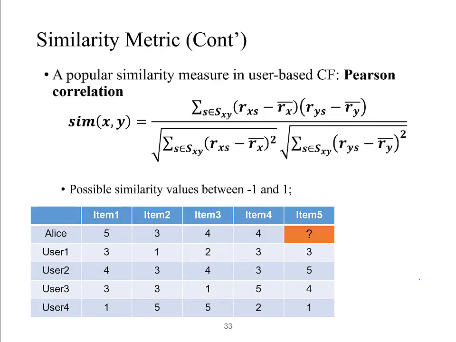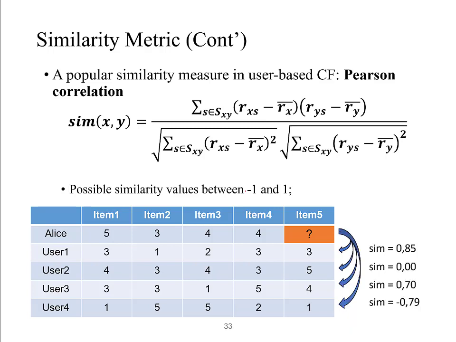But if we look at the Pearson correlation, which is a popular similarity measure in user-based collaborative filtering, the possible similarity values are between -1 and 1. First of all, for Sxy, it is items 1, 2, 3, 4.